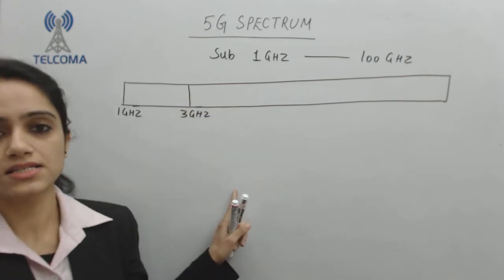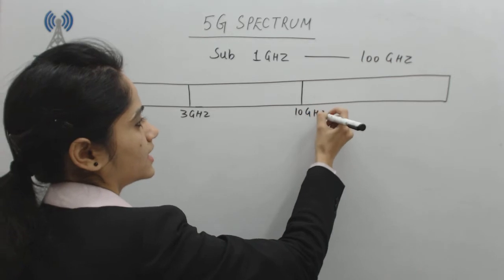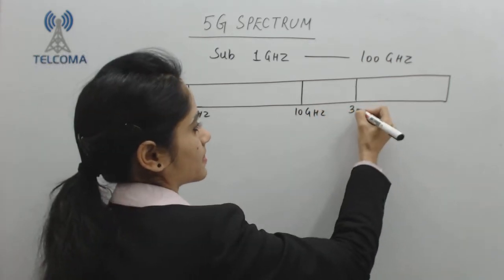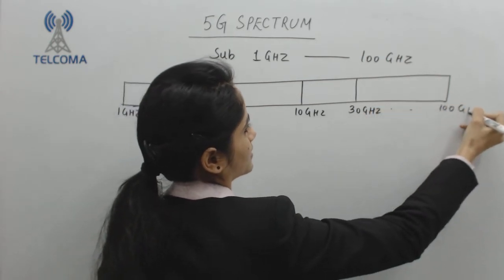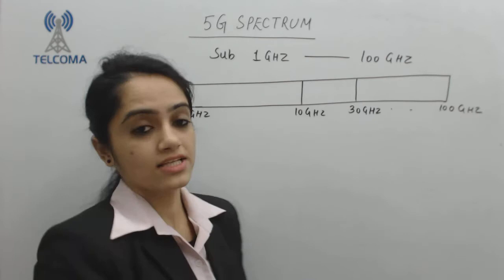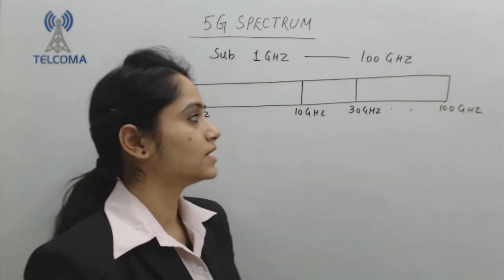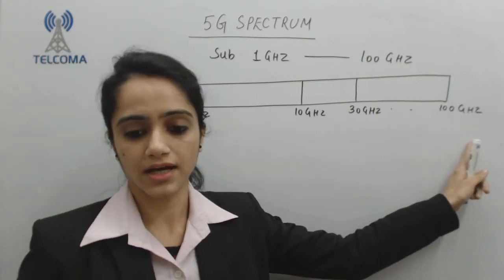From 3 gigahertz, we will have 10 gigahertz, 10 gigahertz to 30 gigahertz, and so on up to 100 gigahertz. So this is the band specification: a band ranging from 1 gigahertz to 100 gigahertz.